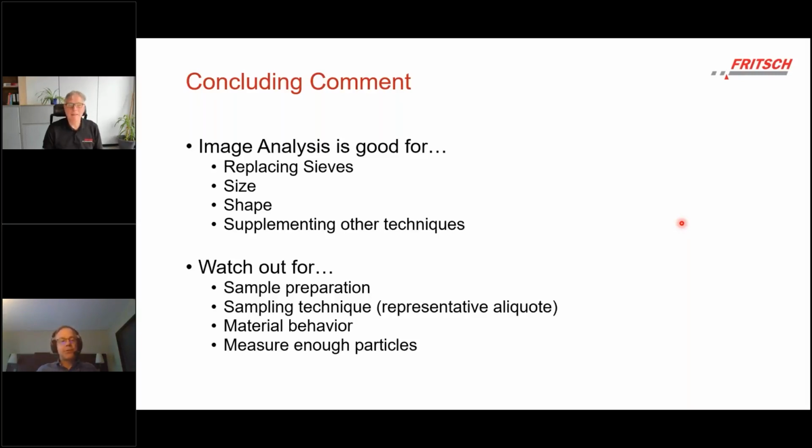Like in all particle characterization, you do need to make sure your sample prep is good and you obtain a representative sample. And you want to make sure you have reasonable material behavior. For example, if you have a lot of clumping, you may find yourself in a bit of trouble. We have ways to fix it, but that's something to keep in mind. And ensure you measure enough particles.